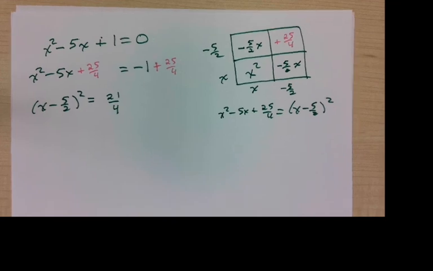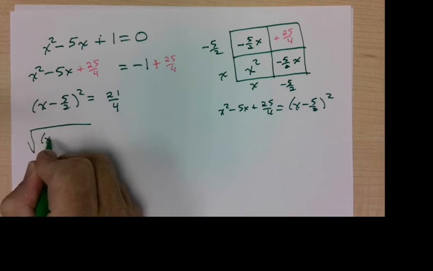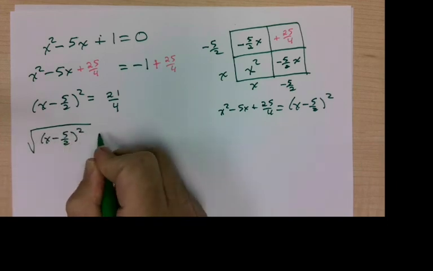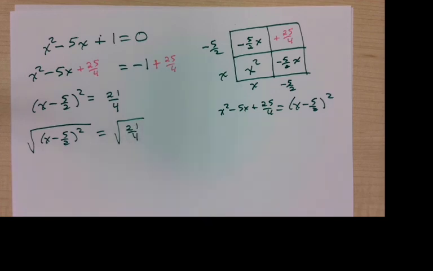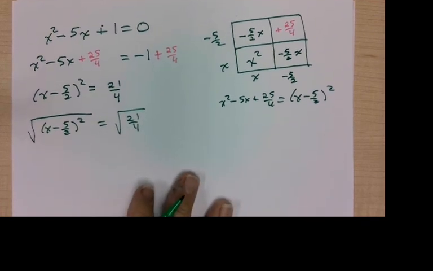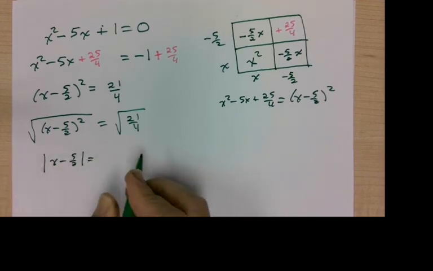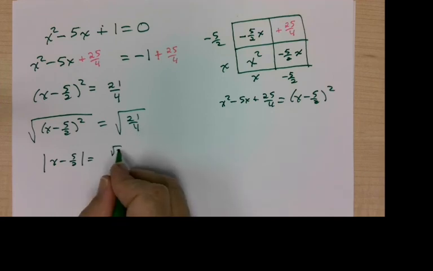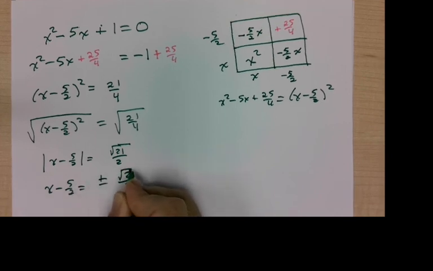So let's go ahead and take the square root of both sides. The square root of x minus 5 halves squared is the square root of 21 fourths. So the absolute value of x minus 5 halves is the square root of 21 fourths, which is root 21 over root 4, which is just 2. So I get x minus 5 halves is plus or minus root 21 over 2.